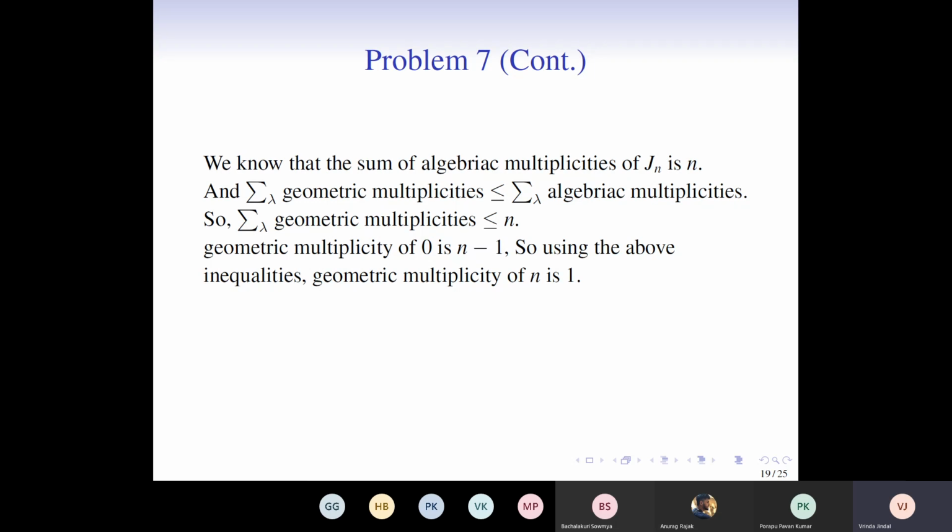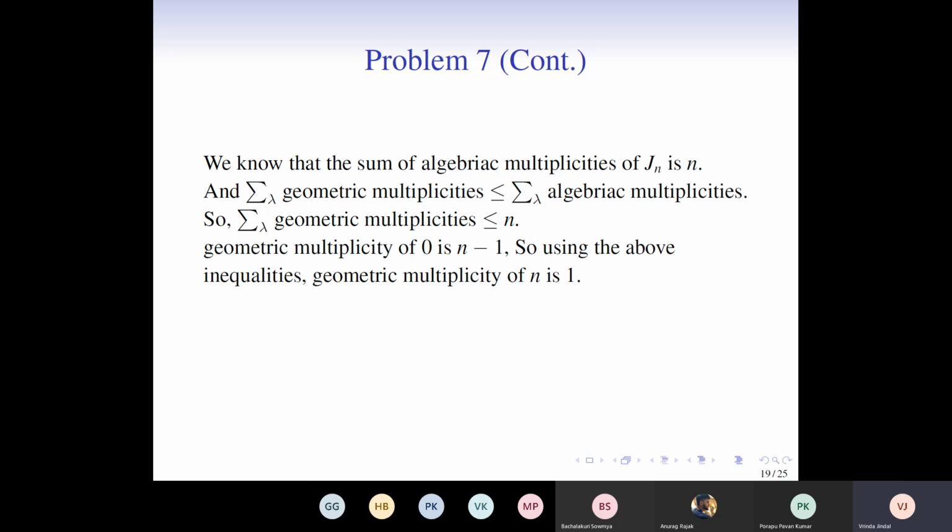But it is an eigenvalue, and one of the vectors that belongs to its eigenspace is the vector of all ones. It has at least one eigenvector. So the eigenspace for the eigenvalue n has at least a one-dimensional basis.